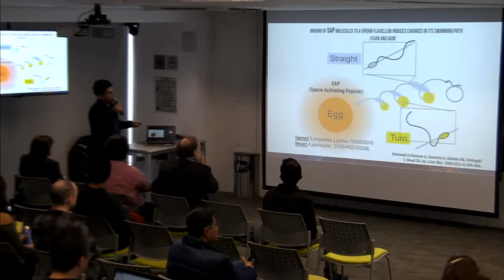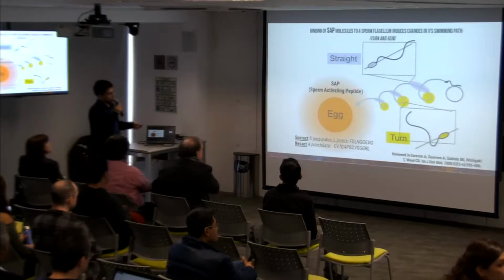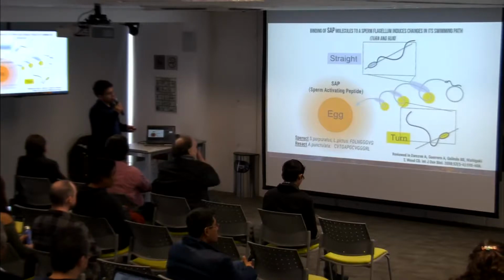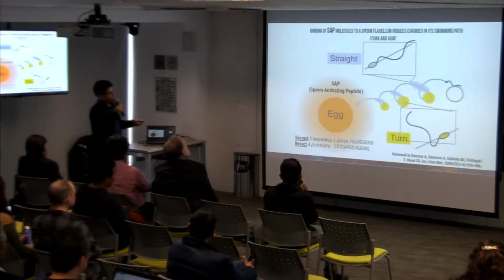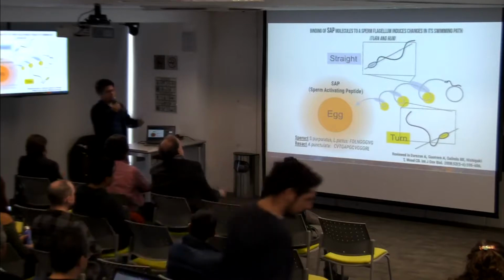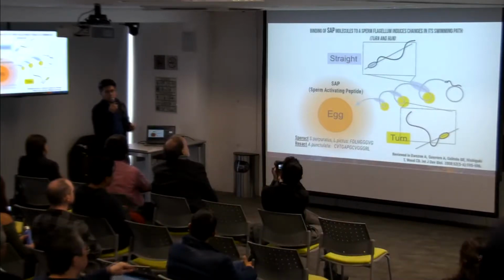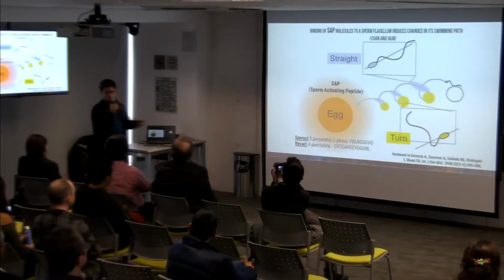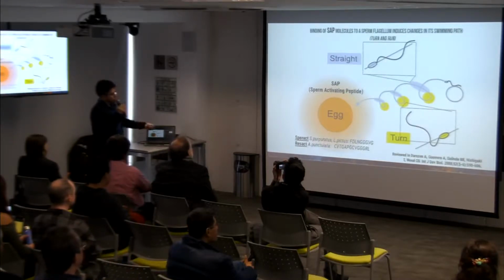Once they become stimulated by these peptides, they change their behavior to a series of interspersed acute turns followed by straighter trajectories. If the timing is correct, this sperm will reach the egg. These are the sequences of 2 of the most used sea urchin species.